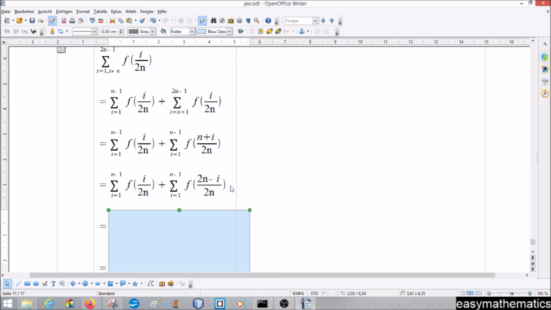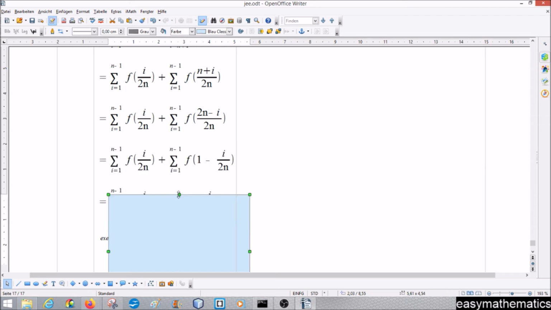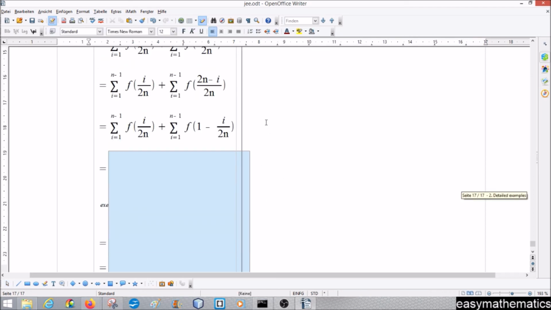So instead of summing from left to right, we sum from right to left. If you write down a couple of values, you will see what I did here. And why do we do that? All I want is to write down the second argument as 1 minus i over 2n. So we have the same arguments. This is why I want to do that.